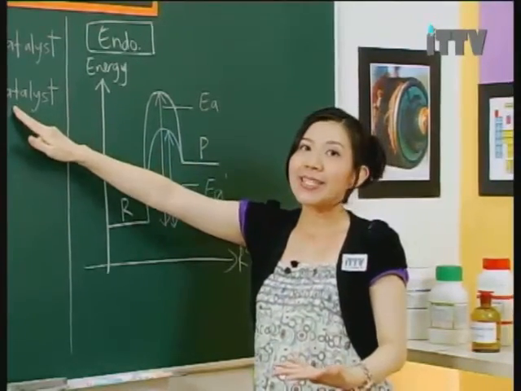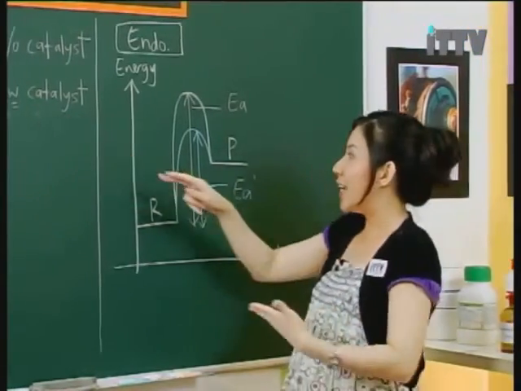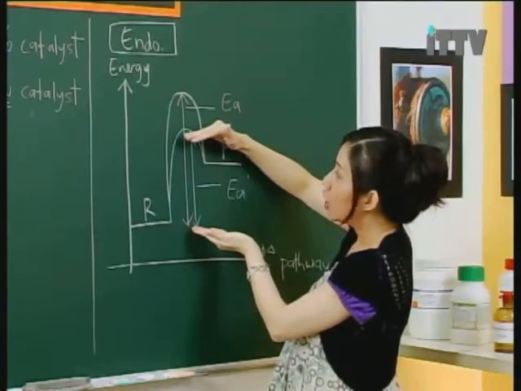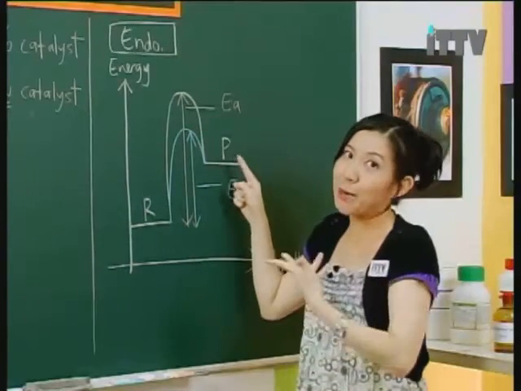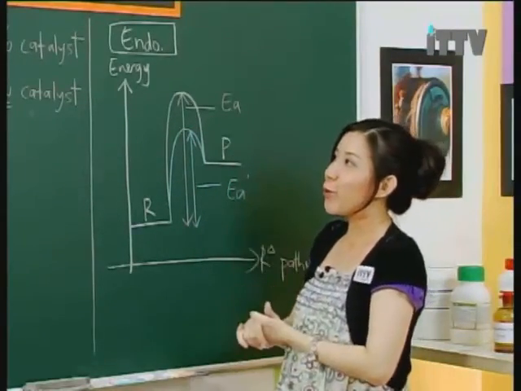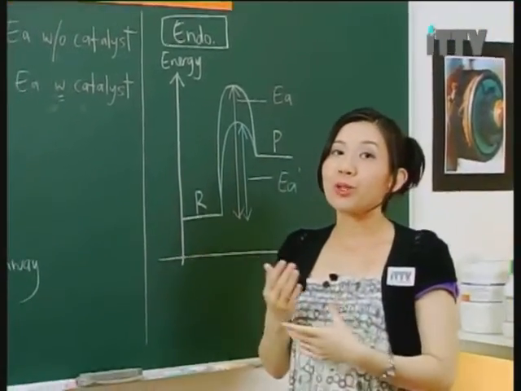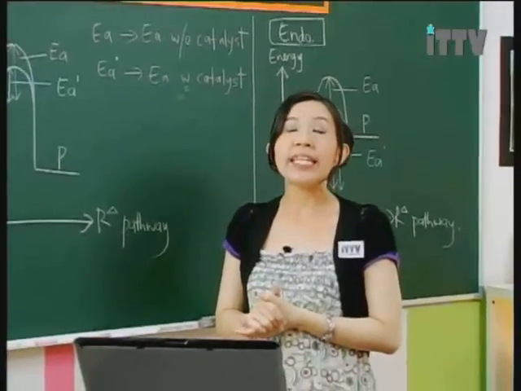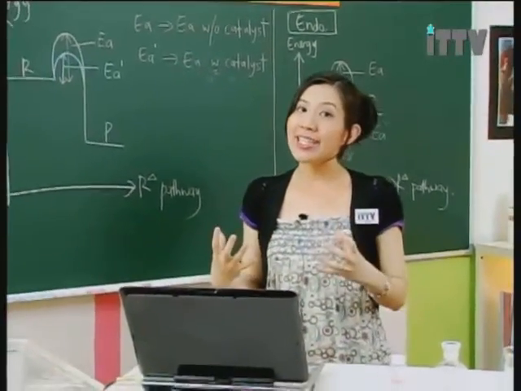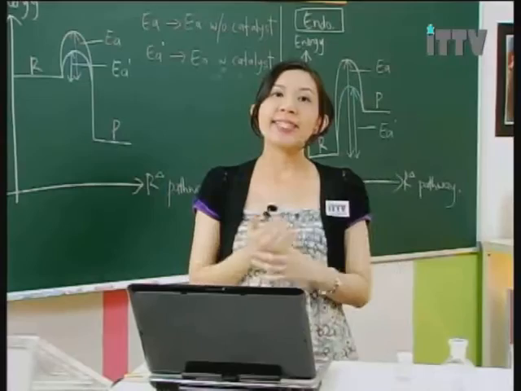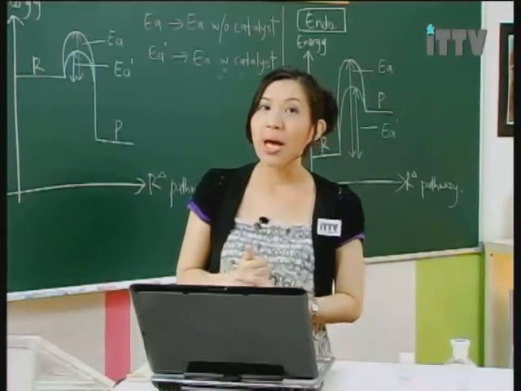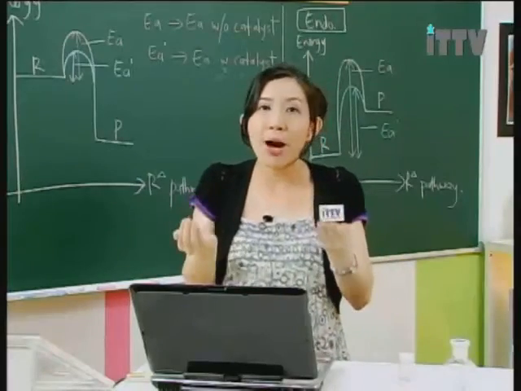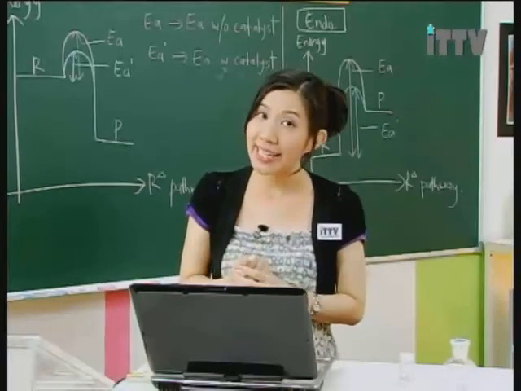But in the presence of a catalyst, the reactants need lesser amount of activation energy before they become products. So what we can conclude from these two energy profile diagrams would be that the presence of a catalyst increases the rate of reaction. But remember, catalysts do not increase the amount of product that we can get at the end of the experiment.